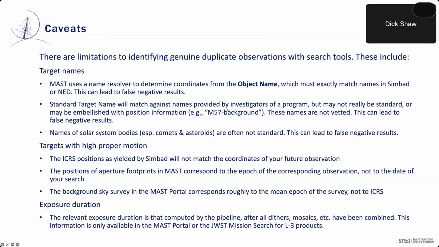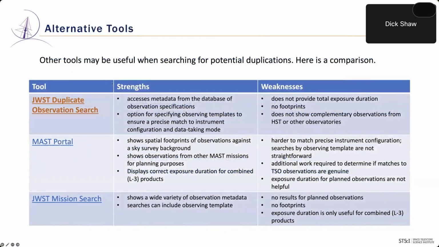Just be aware that the target names can have annotations like M57-background or whatever it is. The names are not vetted. The GOs specify that in their proposals, but we don't check that the target name is in fact standard. And the impact of that, as with many of these, is that it can lead to false negative results.